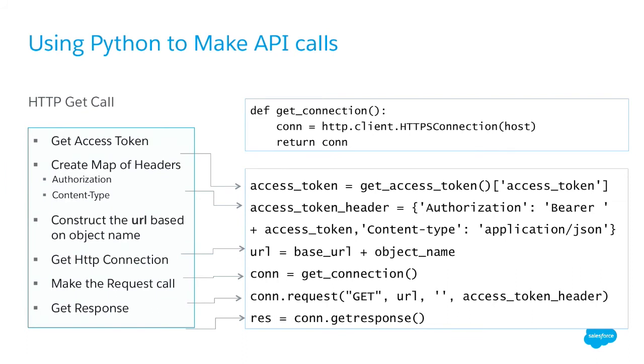You send the call. When you're sending the call, look at the parameter called URL, right? That depends on what kind of call you are making. If you are making a call to just get details of a particular SObject, your URL has to be constructed in a particular way. Now we are going to switch to a demo where you'll see how this is happening.